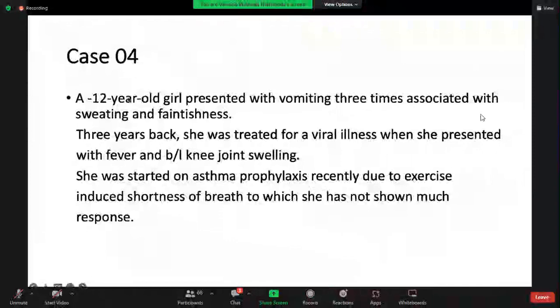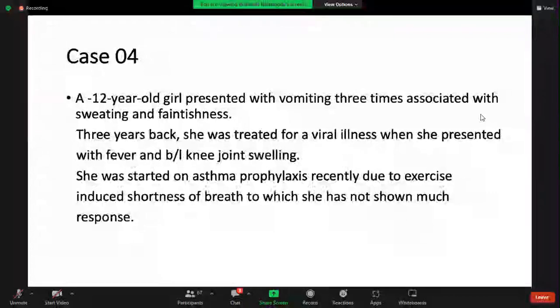This time she is presenting with vomiting associated with sweating and faintishness, probably due to a cardiac cause. She was started on asthma prophylaxis, which did not help. The exercise-induced shortness of breath is suggestive of cardiac disease. So probably rheumatic fever, complicated with valvular heart disease later on.